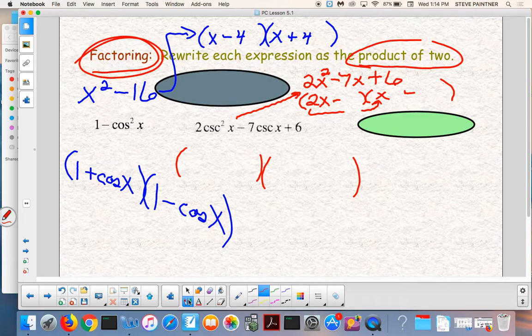Not 2x. Oh wait, no. 2x minus, then it's a 3 and a 2. A 3 there and a 2 there. Okay. -3x. Ah, there we go. That's it. This is -3x. This is -4x, which makes -7x.